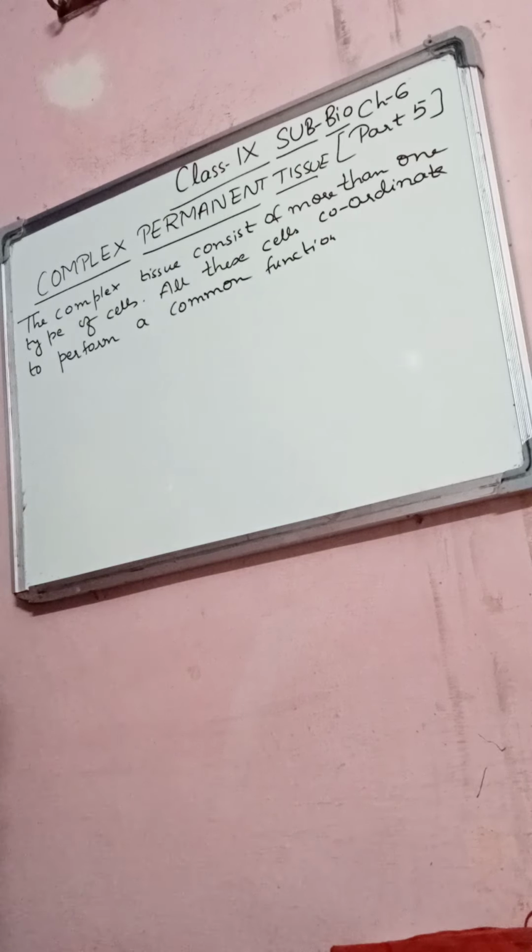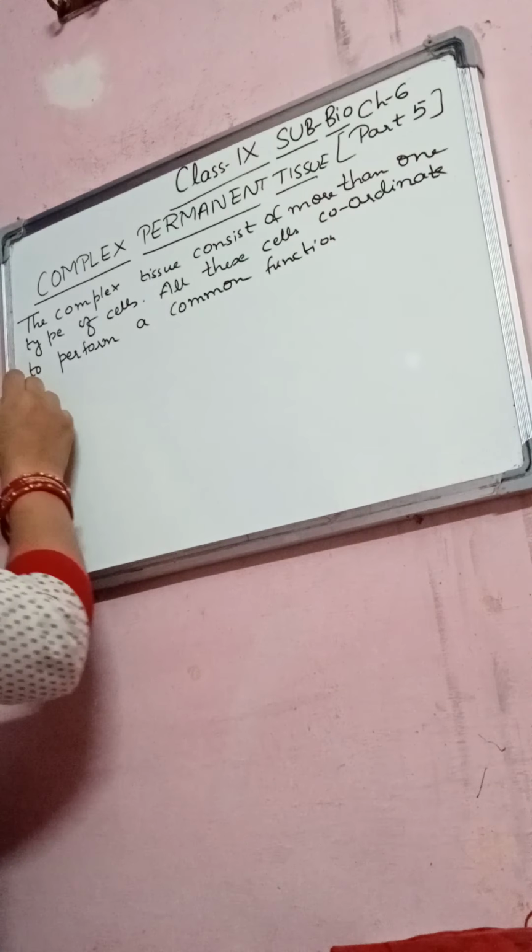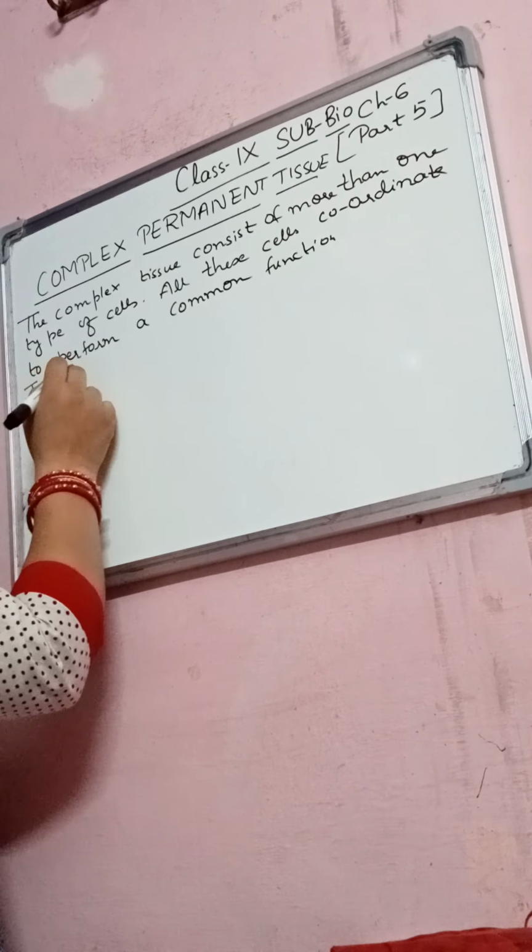So what is the function of the complex tissues? They can transport water, mineral salts, that is nutrients, and food material to various parts of the plant body, right? The complex tissue are of the following two types. Okay, there are two types of complex tissue.